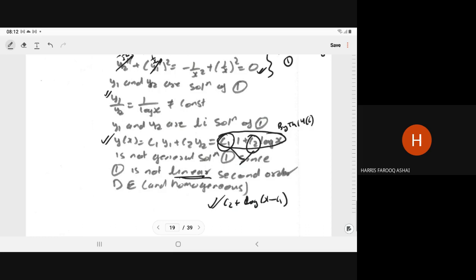Theorem 14c states that if there are two solutions, their linear combination is also a solution. But theorem 15 guarantees that it is a general solution, provided y1 and y2 are linearly independent. If y1 and y2 are linearly dependent, then c1 y1 plus c2 y2 will still be a solution of the given equation, but in that case we will not call it a general solution. That is just a solution.